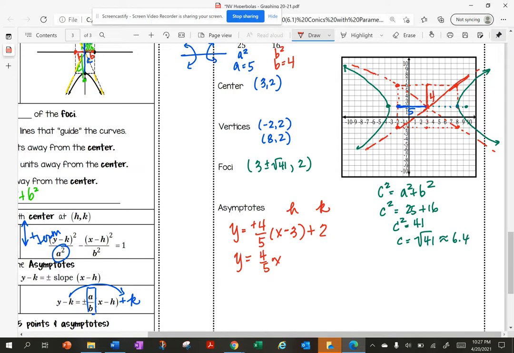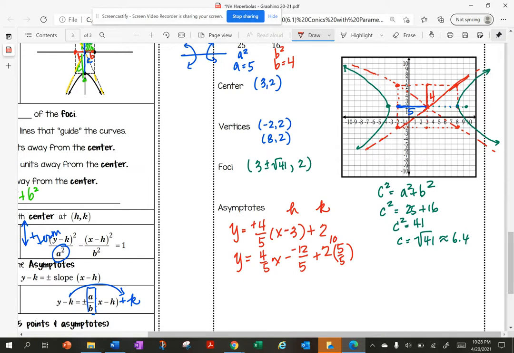So 4 times negative 3 is negative 12 over 5. And plus 2. So I'm going to change this to fifths. So I'm going to multiply by 1 in the form of 5 over 5. So this is 10 here.